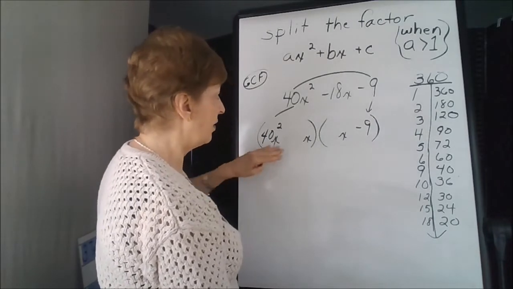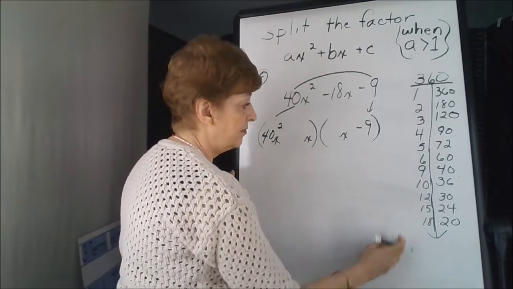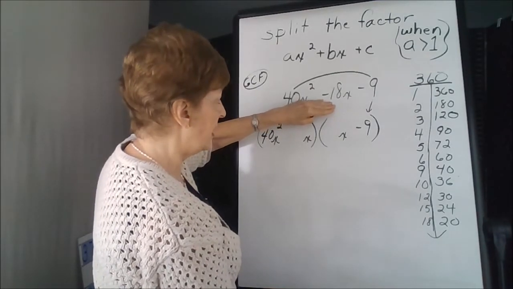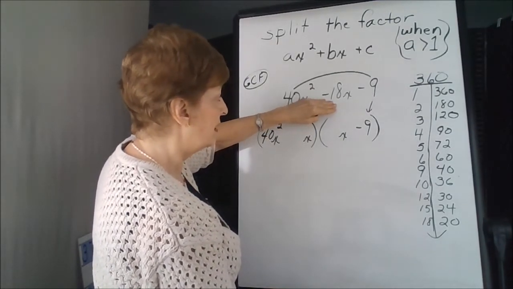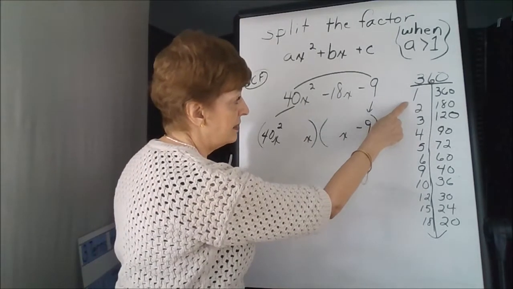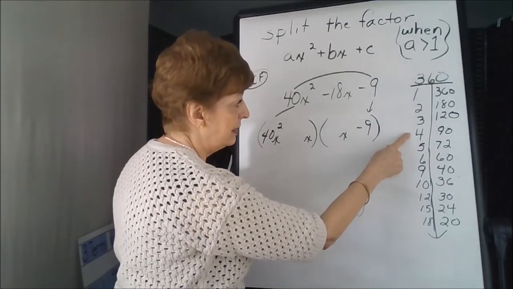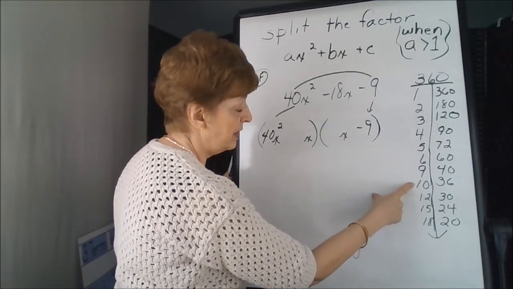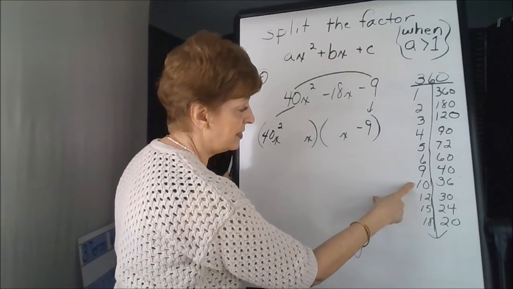Okay, so now of these factors, we're looking for a pair of factors that either adds or subtracts to 18. So let's scan our list. Those are pretty high. No. Here we have 46 or 26.